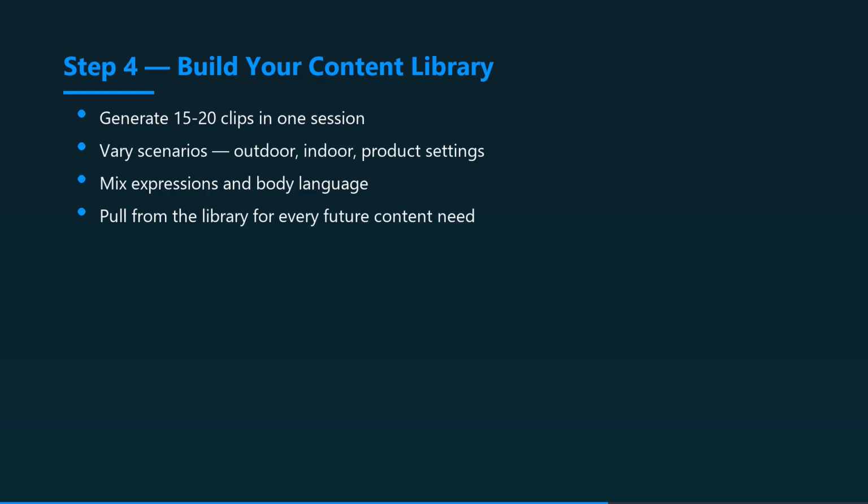Step 4 is building a content library. This is the real payoff. Once your character is working well, spend an hour generating 15 or 20 different clips across a range of scenarios. Walking outside. Standing in a product setting. Sitting casually. Looking engaged.